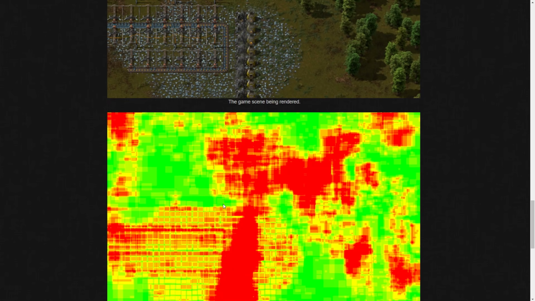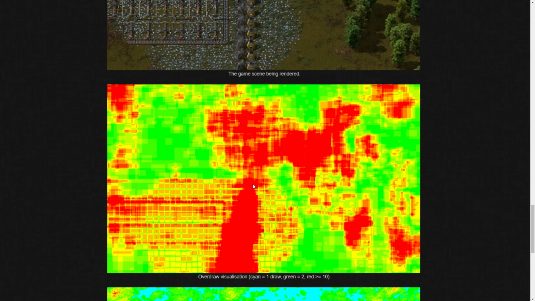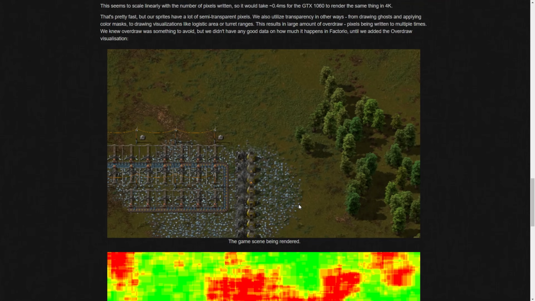Cyan is 1 draw, green is 2, and red is greater than or equal to 10. So that's a lot. Yeah, essentially, a good chunk of that picture is red, which means that those pixels were written to 10 or more times. That's a lot of extra work just to draw this scene.